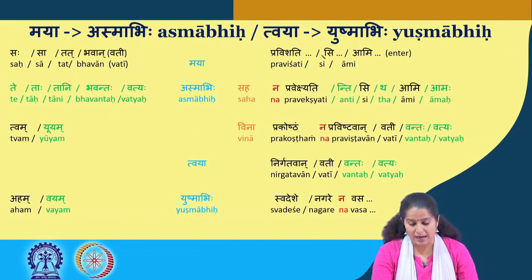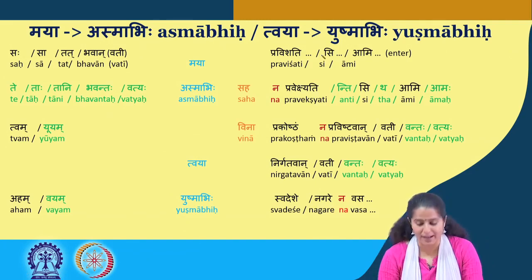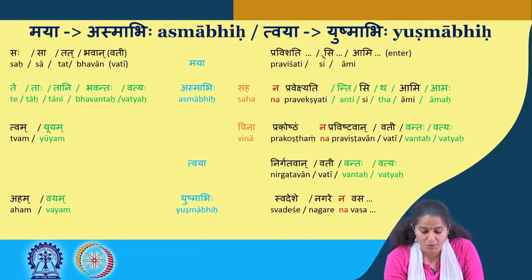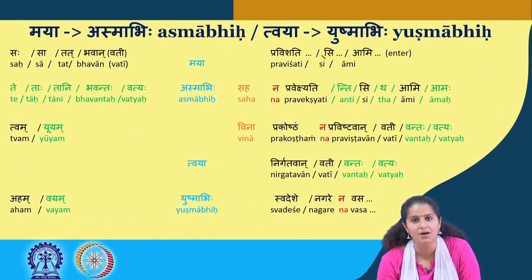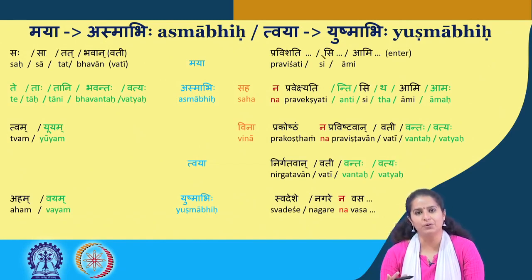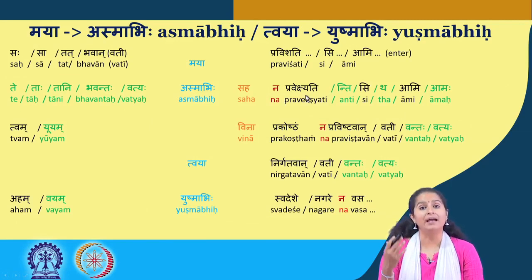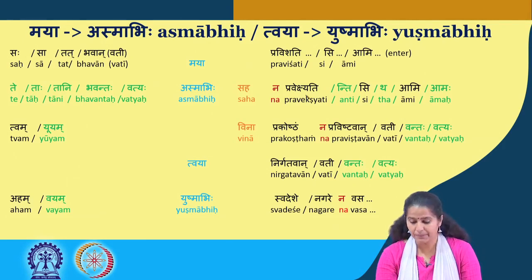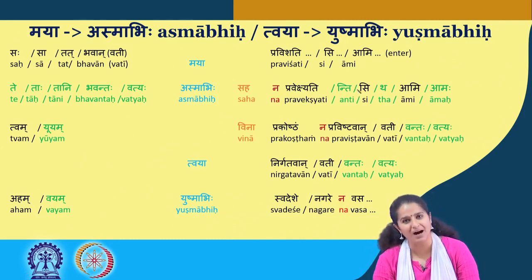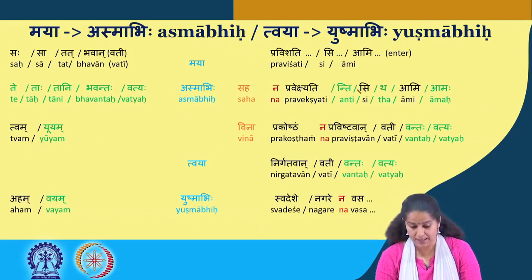So I will allow you to look at this for a short while, but then what we will also do is I will introduce you to the other words here so that you're familiar with them. So we have the next word in this category, which is pravekshyati, which means in the future, will enter. Pravekshyati and pravekshanti, pravekshyasi, pravekshyatha, pravekshyami and pravekshyamaha with the different subjects.